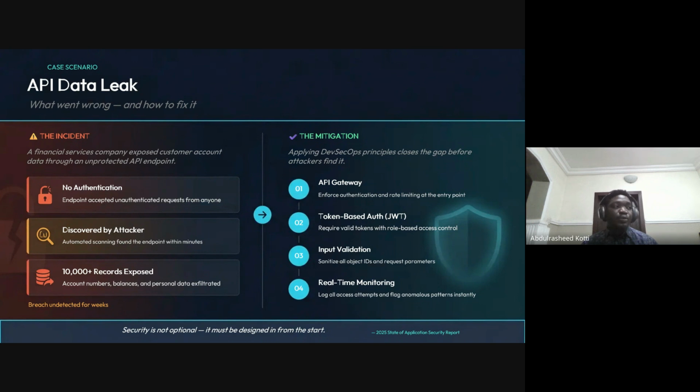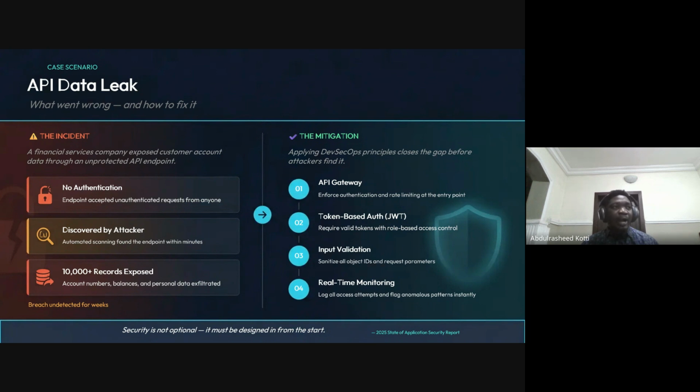And in this case, what went wrong was the API had zero authentication. So this means that anybody could access it. Normally, systems should check who you are before giving you any form of access. But in this case, no login was required and no identity was shown.